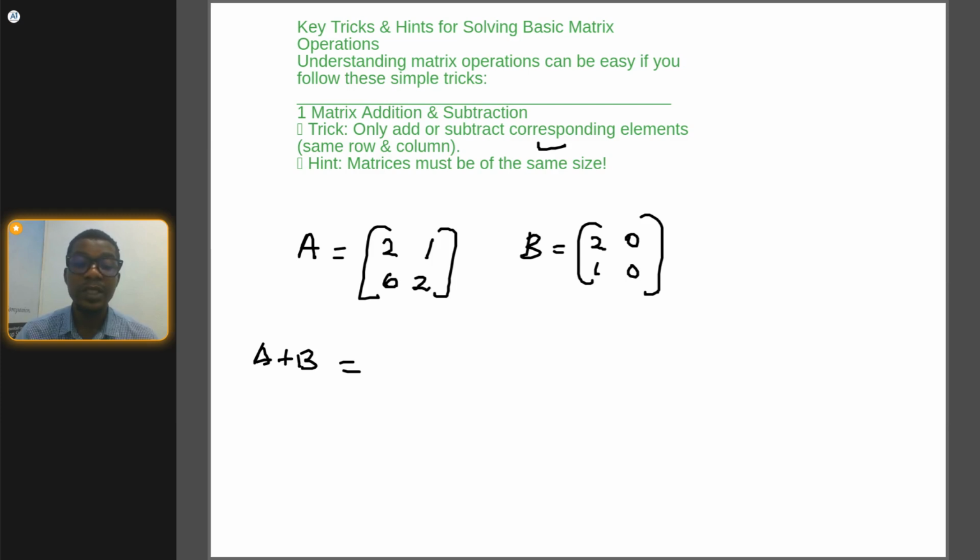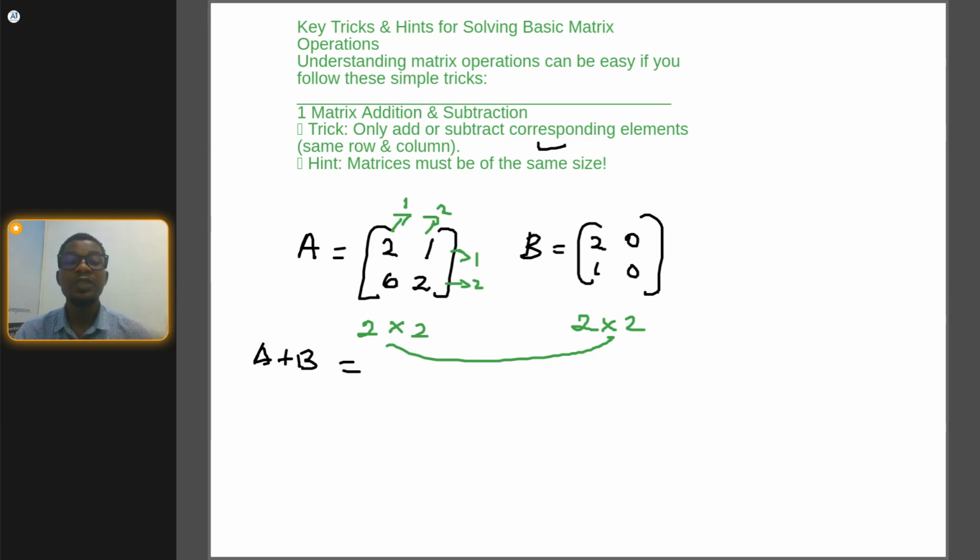How do you get the order? We have two columns and two rows. That means this is a 2 by 2 matrix. For this one also, we have 2 rows and 2 columns. So when you have the same order, you can go ahead to add. But if the order of the matrices is different, you can't add.